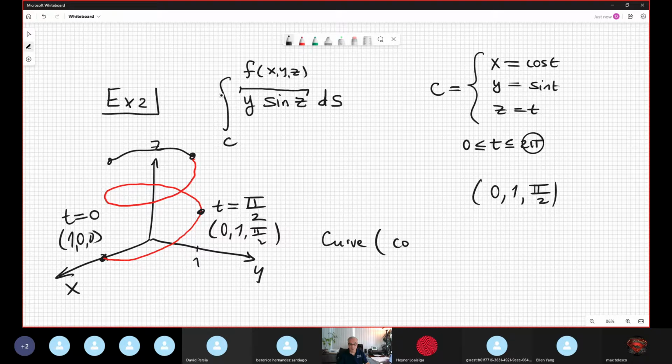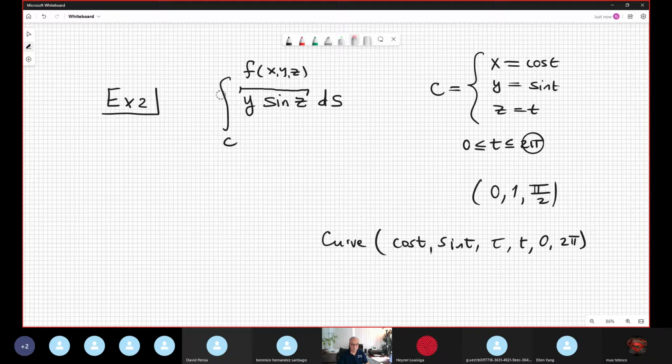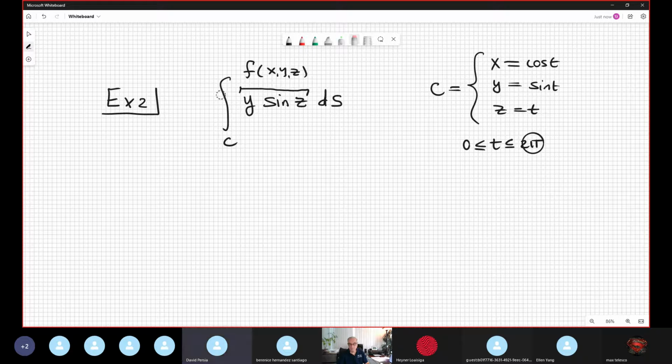Now you copy cosine t, comma, sine t, comma, t, because the parameter is the name of the parameter, and 0 and pi and 2 pi. And you see an elegant helix in GeoGebra. You remember that or no? Yes or no? Answer me. Remember it vaguely. Okay.